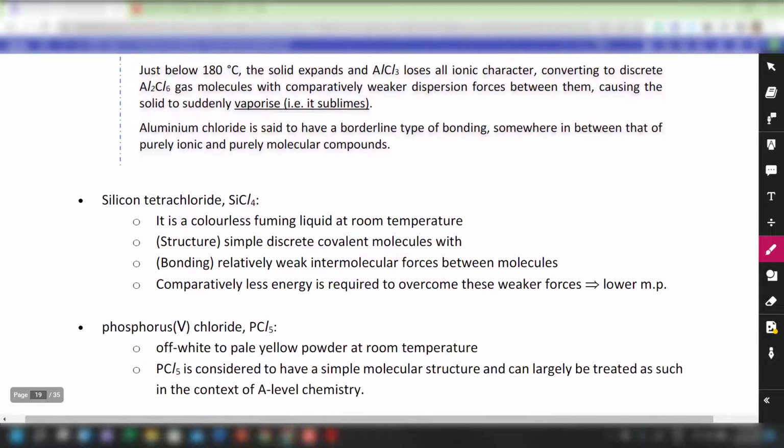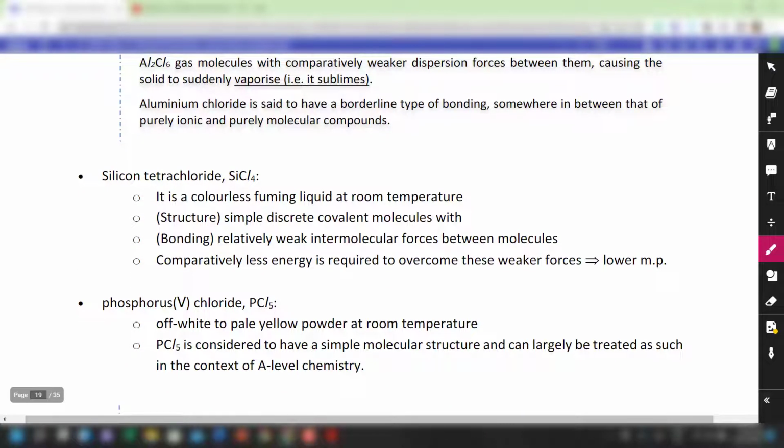Moving on, we have silicon tetrachloride, which exists as a colorless fuming liquid at room temperature. Why is it fuming? Because under ordinary conditions, our atmosphere contains quite a bit of water vapor, so it will hydrolyze on the surface of silicon tetrachloride.